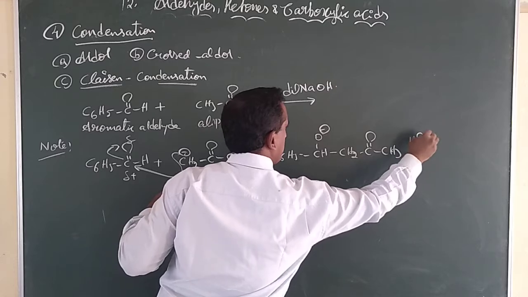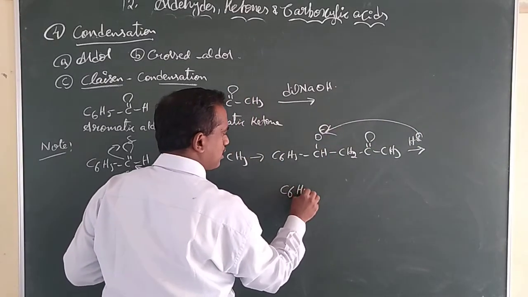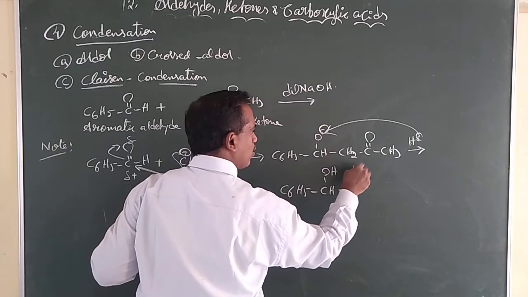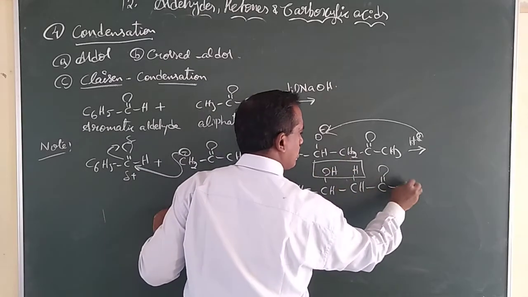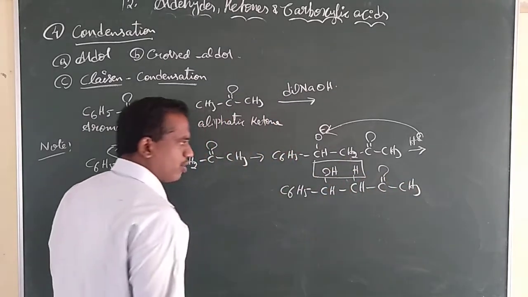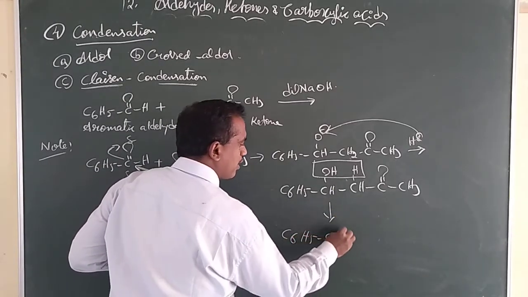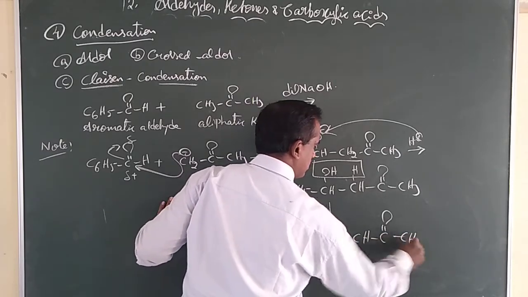By addition of H plus to the carbon oxygen, we get C6H5, CHOH, with the hydrogen on the CH2, C double bonded O, CH3. Then what will be formed? C6H5, CH double bond CH, C double bonded O, CH3 is formed.